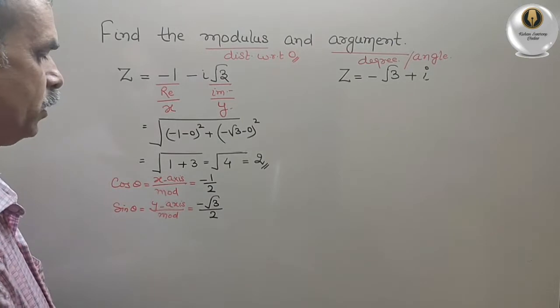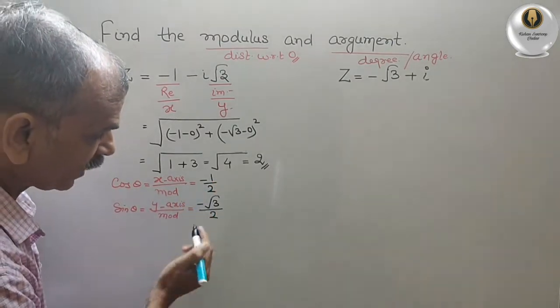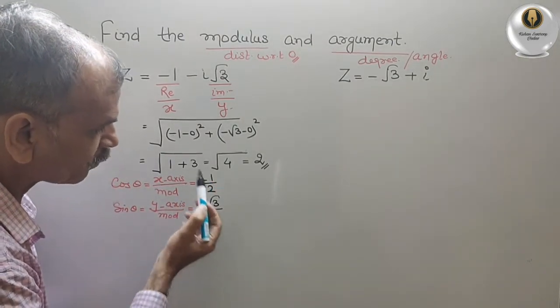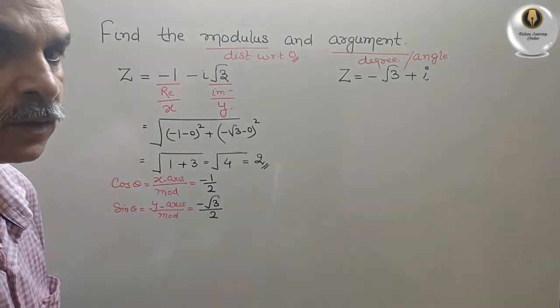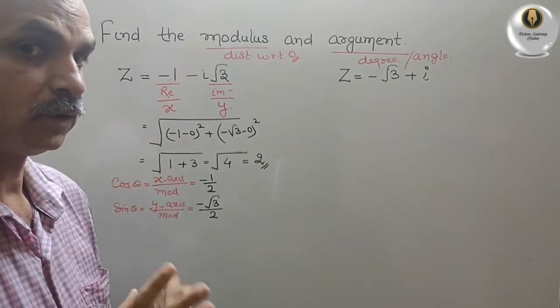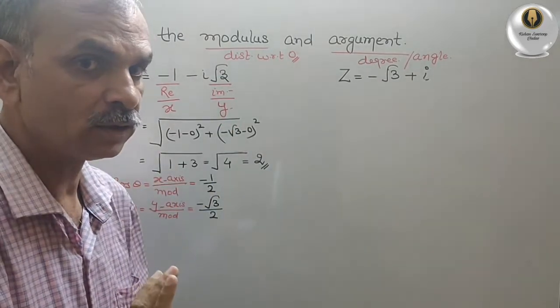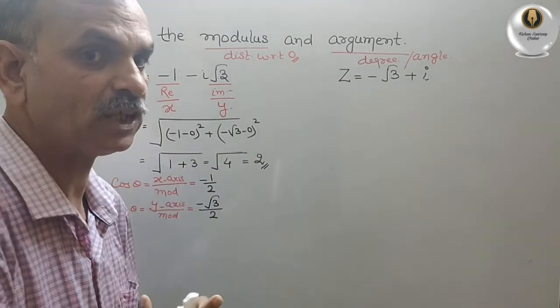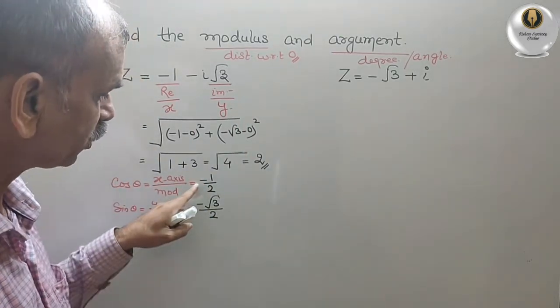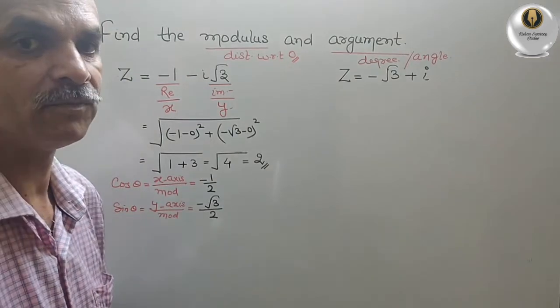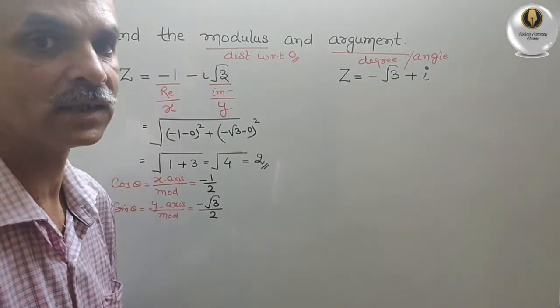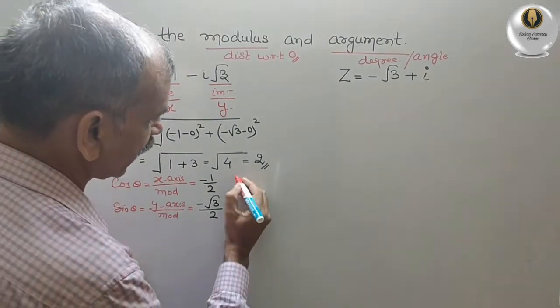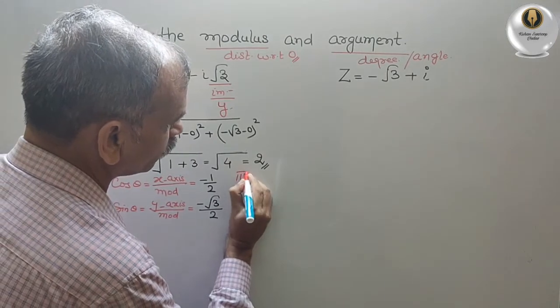Now you can see here both are minus. I have taught you in trigonometric functions that where both sine and cos are negative, that is in the third quadrant.